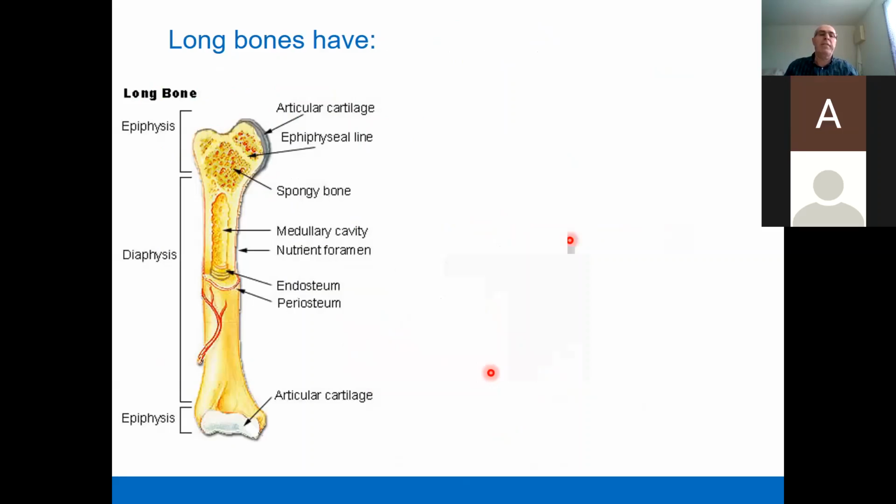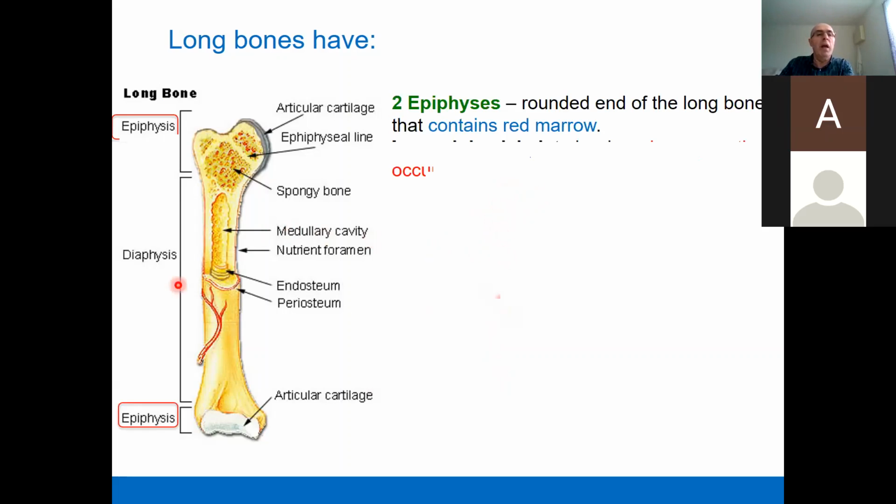Okay, this slide is really important. You have to be familiar with the parts of the long bones. For example, we have the epiphysis, two epiphyses in one bone, the rounded ends of the long bones, which contain red marrow.